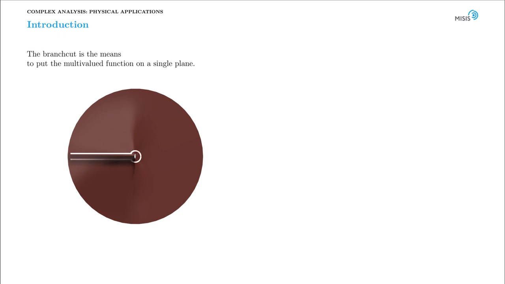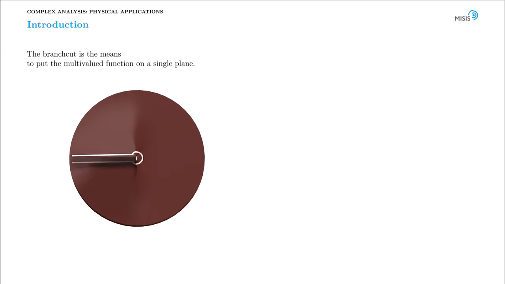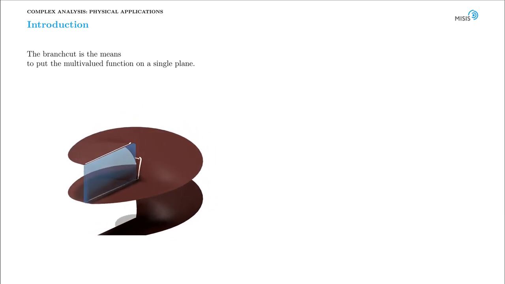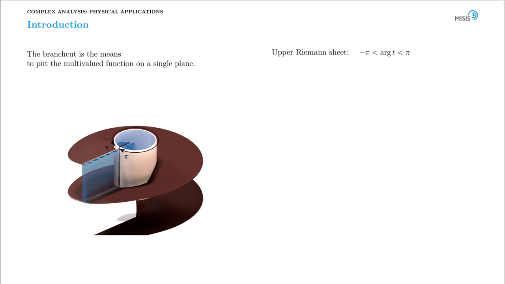What we can do instead is to slip below the branch cut on the other Riemann sheet of the multi-valued function g of t. This Riemann sheet is defined by the new range of the argument of t. The initial Riemann sheet, which we call the upper one, was swept by the argument in the domain from minus pi to pi.